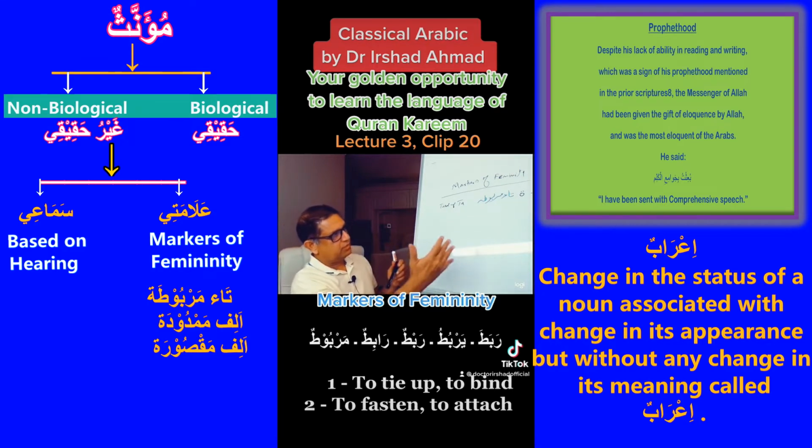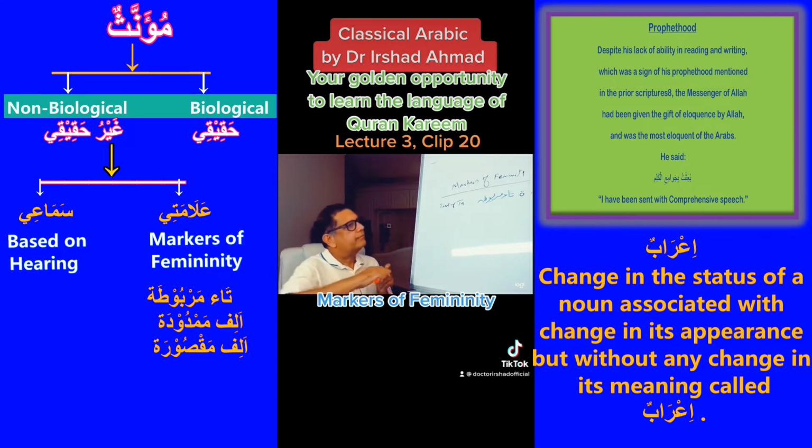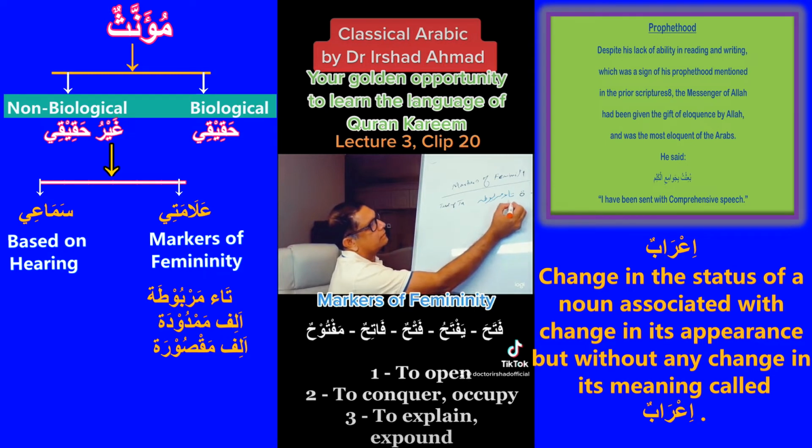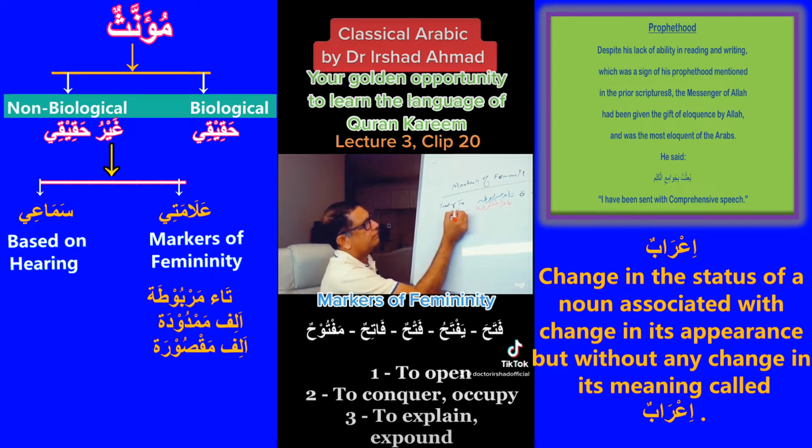The other ta which is open is called ta maftuha. Fataha yaftahu means to open. Or ta mabsuta is another word which means spread out ta. So if you really want to become familiar with the terminology, the opposite will be ta maftuha, or it's called ta mabsuta.